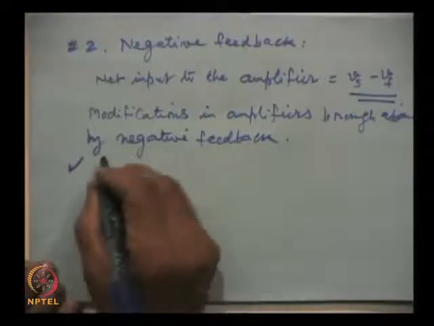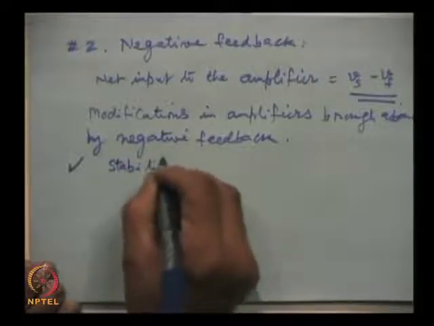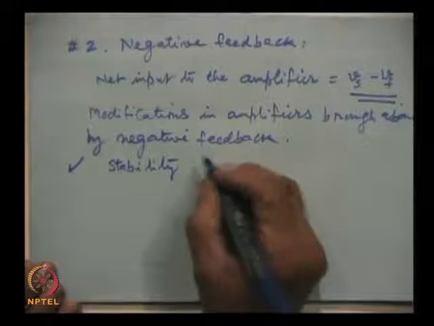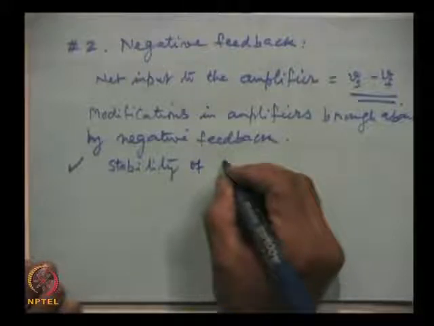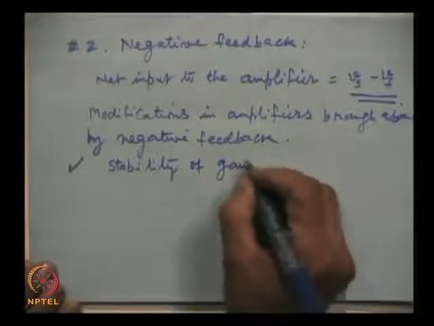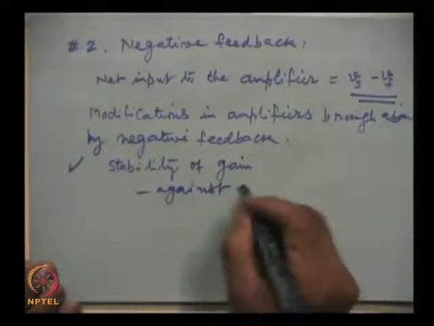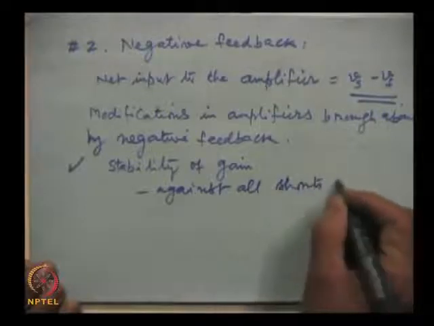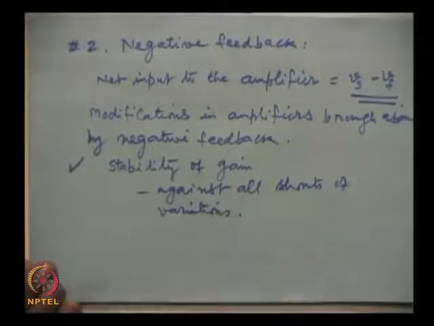Number 1, stability of gain against all sorts of variations. Negative feedback brings stability to the amplifier.